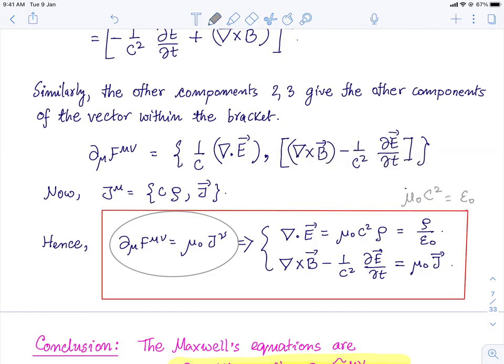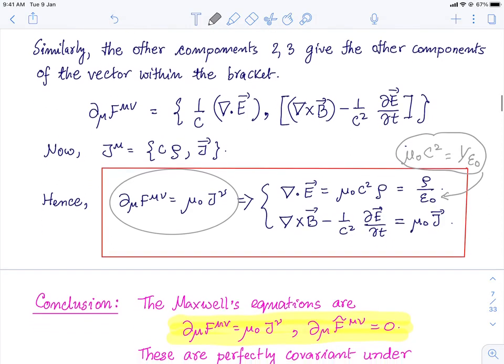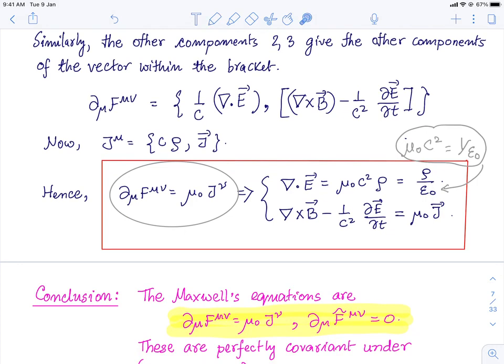Sorry, 1 over epsilon naught. So that essentially gives us this epsilon naught here. Okay, very good.